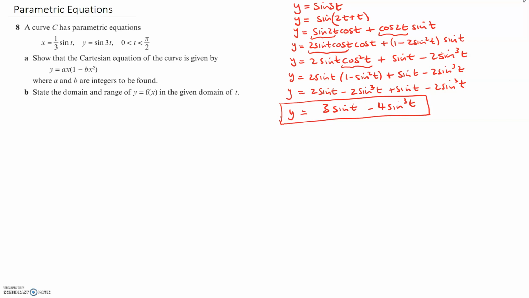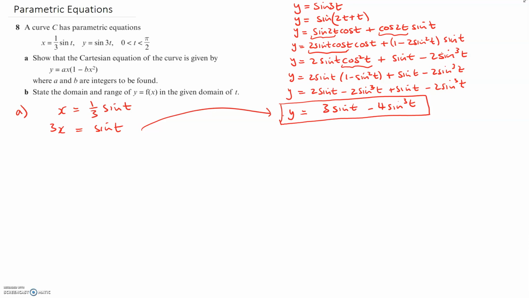Now I'm going to come over to here and just look at bringing in x, and x is equal to a third sine t. So I could rewrite that as 3x equals sine t. And notice that I can substitute that directly into this now. So all the hard work really is done in all of that work up there.